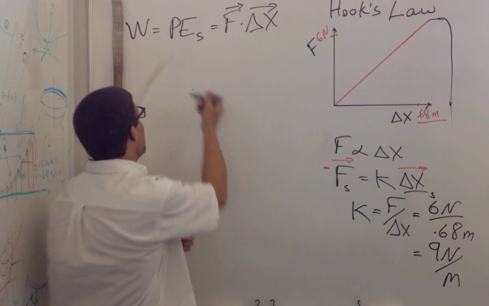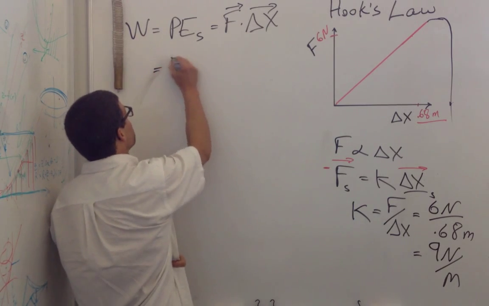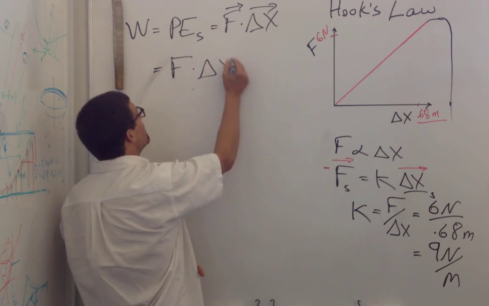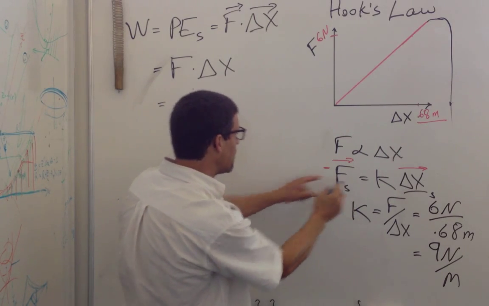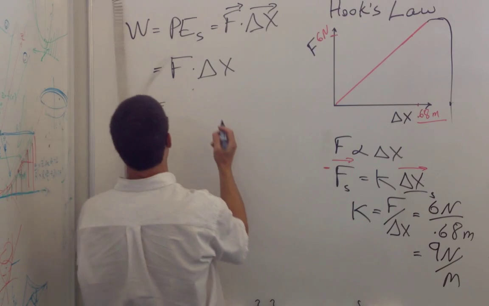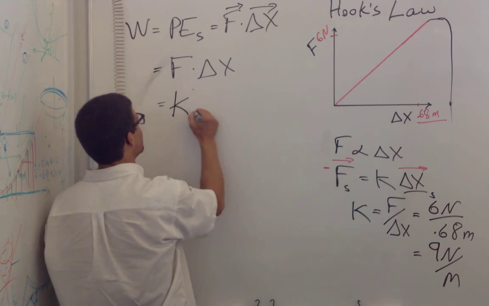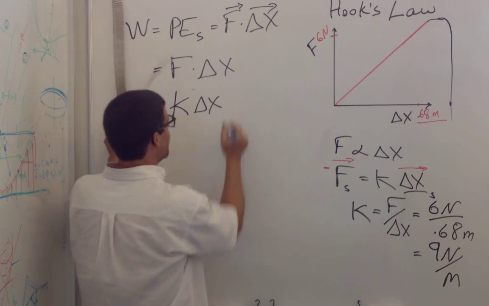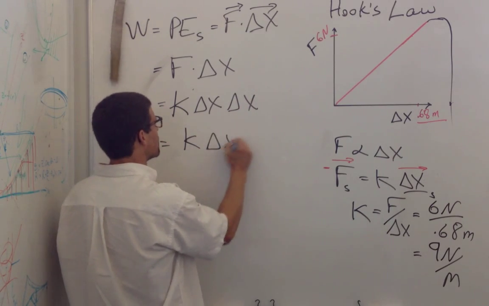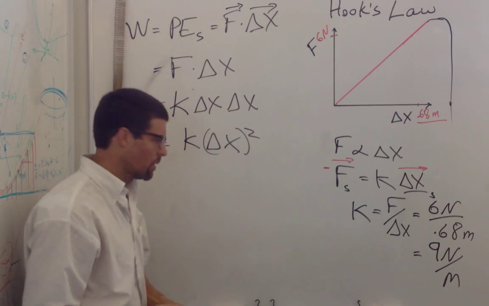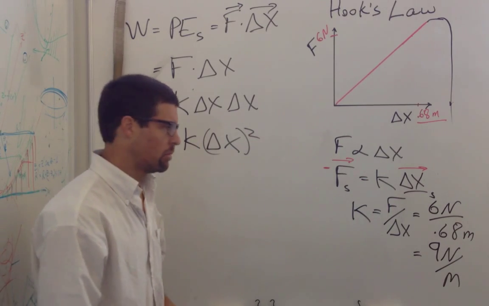So this isn't hard. I can just say it's the force times the displacement, and that's equal to, oh right, the force when I pull on this, which is k delta x, times delta x. And that's k delta x squared. That's wrong.